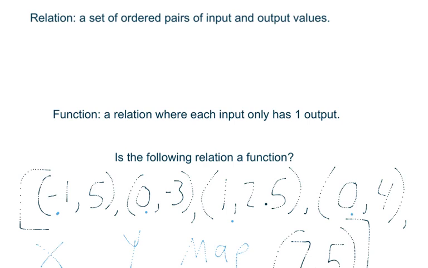For the y's, I've got 5, -3, 2.5, 4, and 5 again, but again, do not repeat. Now I just draw the map. -1 goes to 5. 0 goes to -3. 1 goes to 2.5. 0 also goes to 4. And then 7 goes to 5.